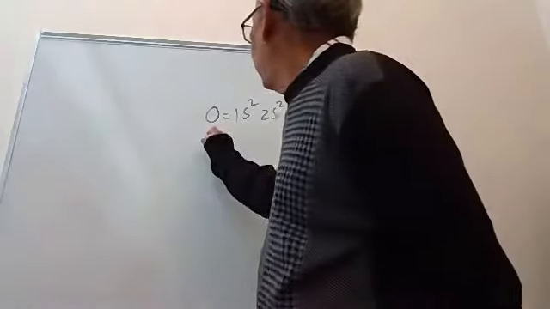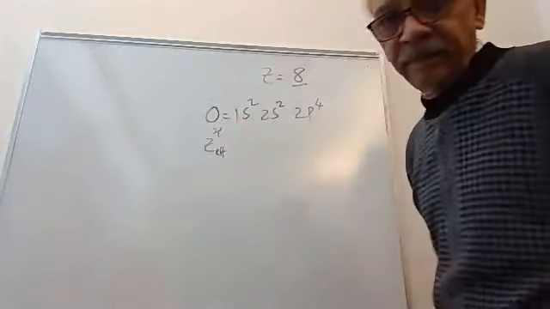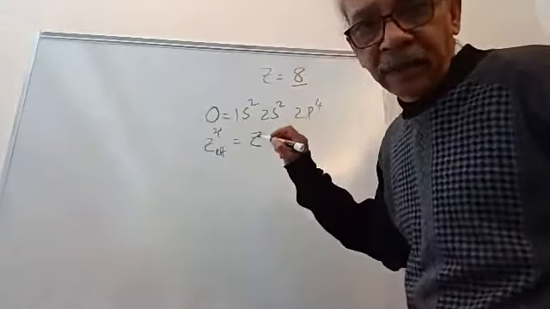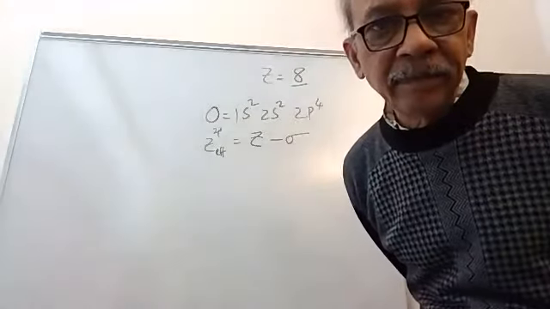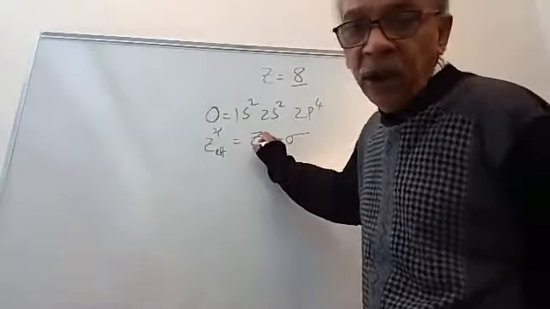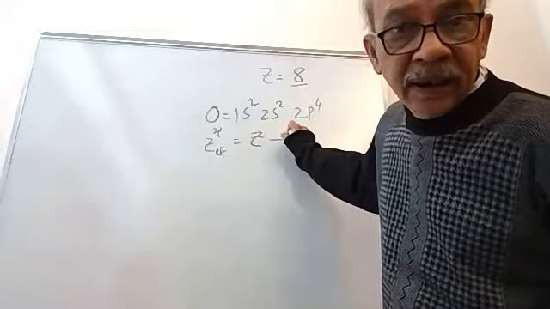Now, to calculate the effective nuclear charge of the 2p electron, we take the atomic number and subtract from that the shielding parameter sigma, correct? So to solve this problem, I already know the value of Z, which is 8. I need to calculate the sigma for this.